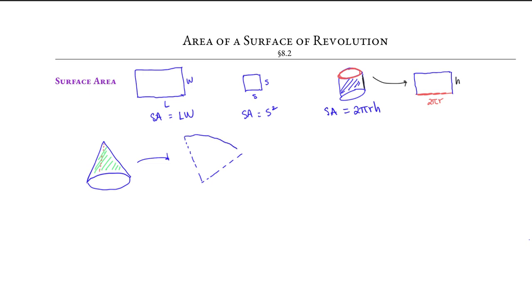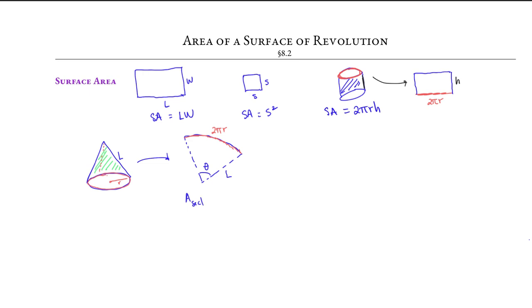This sector is a part of a larger circle, where the arc length is the circumference of the base of the cone. But the circumference of the base of the cone is 2 pi r, then the arc length of this sector is 2 pi r. If the slanted side of the cone is L, then the radius of this sector is L. It is part of a larger circle whose radius is L.